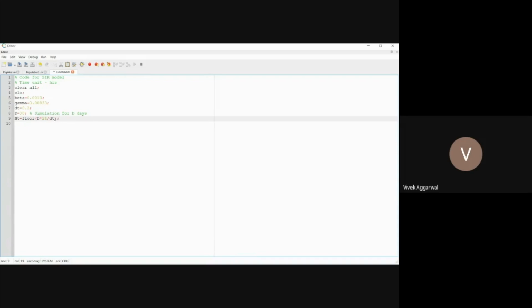I am taking the floor value because it can be a real value also. That's why we put the function floor. So you can write from here that this value gives you the number of hours.